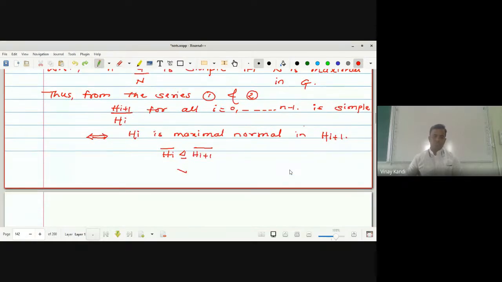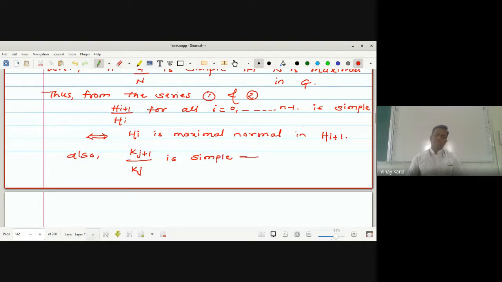So here Hi is maximal normal in Hi plus 1. And also Kj is a composition series, that is, Kj plus 1 upon Kj is simple.